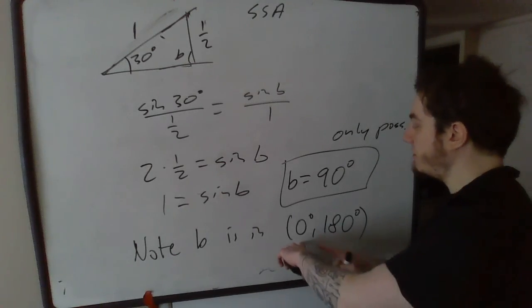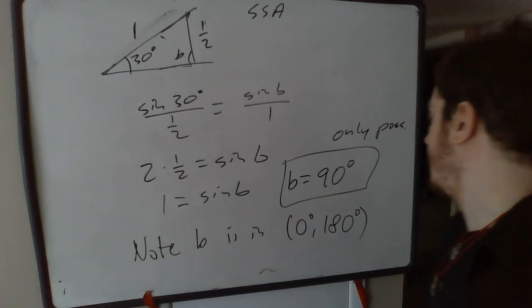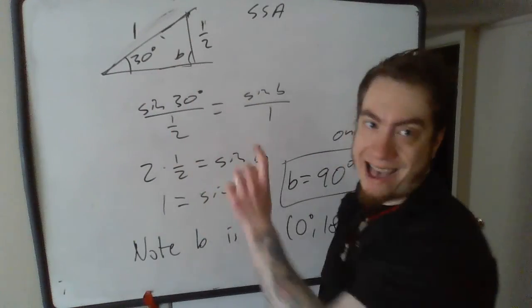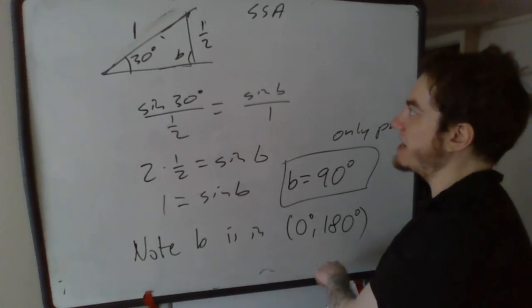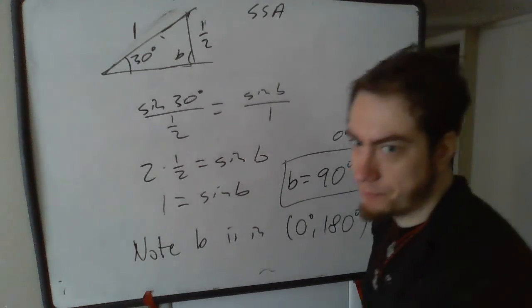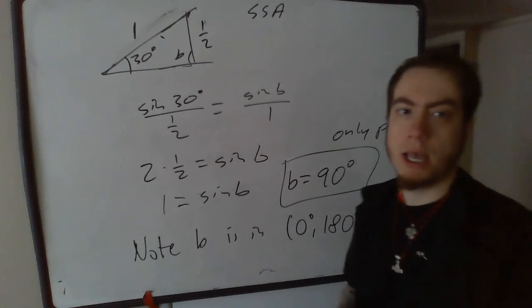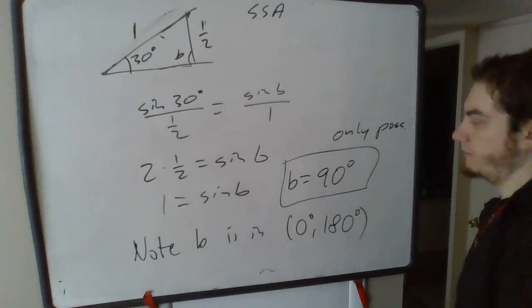Now, why does b have to be between 0 degrees and 180 degrees? Well, it's because a triangle has to have all of its angles add to 180 degrees. So none of my angles can be bigger than 180 degrees. In fact, none of them can equal 180 degrees, because then the other two angles would make it bigger than 180 degrees.